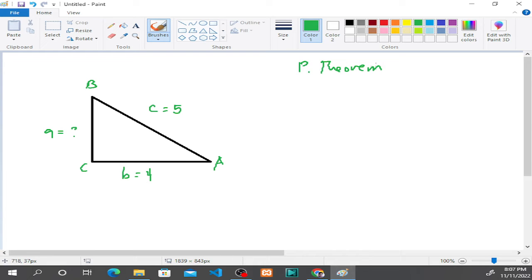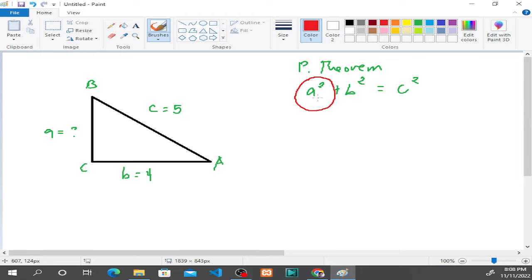It states that the formula is the sum of the squares of the legs of the triangle, a squared plus b squared, is equivalent to c squared. And then a is missing, so we have to derive for that, and we subtract from both sides. Why do we have to subtract?